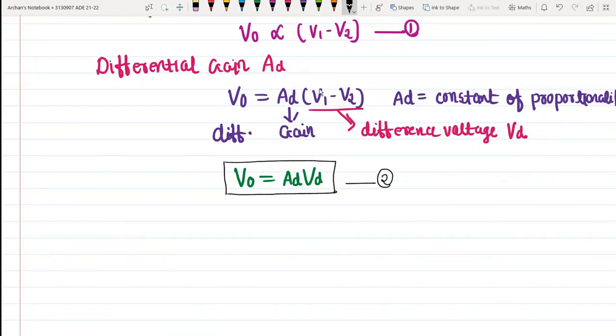Now we know very well that my output will be AD times the input voltage, which is the difference voltage in this case. So we will be able to calculate the gain now. Gain AD is nothing but the ratio of output voltage to the input voltage.